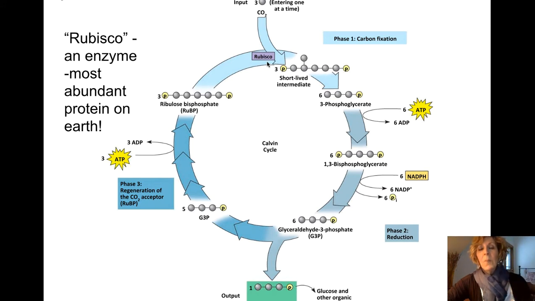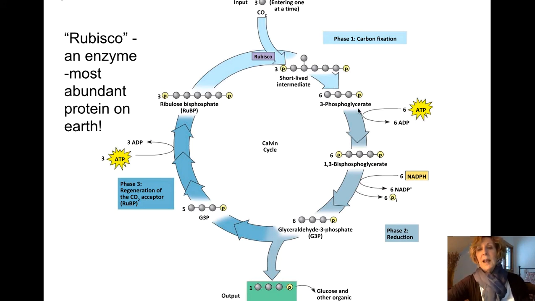How's that for a mouthful? Rubisco is the enzyme that catalyzes the carbon fixation, where CO2 is fixed to the 5-carbon starter molecule. An interesting fact: rubisco is one of the most abundant proteins on Earth. That just shows you how important it is.